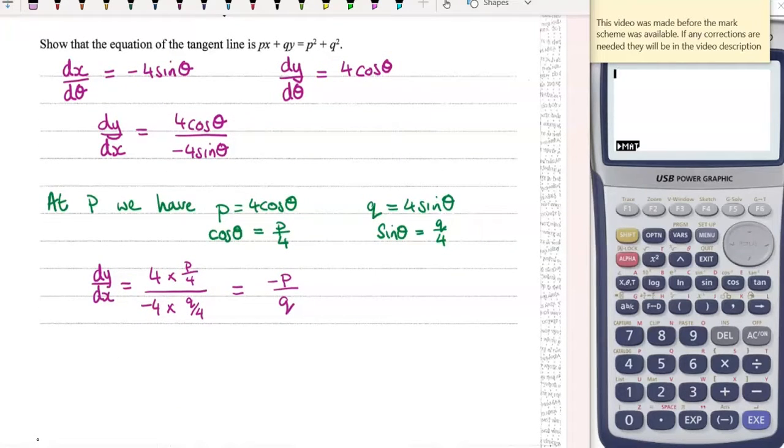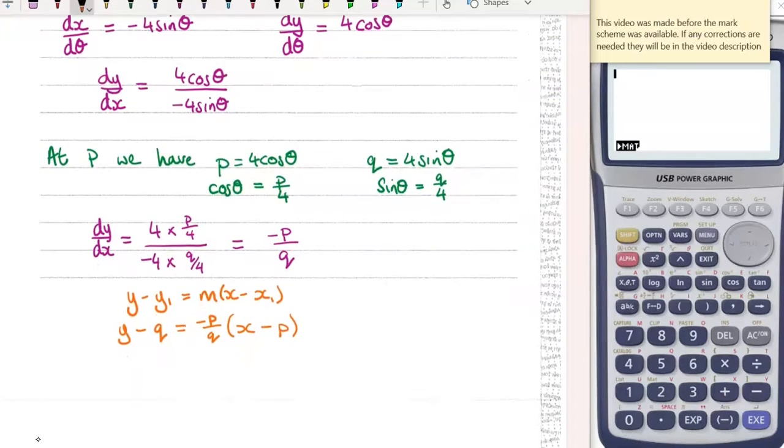We also have a point on the curve, which means we can find the equation of the line using y minus y1 equals m times x minus x1. So the y coordinate is q. The gradient is minus p over q that we just did here. And the x coordinate is p.